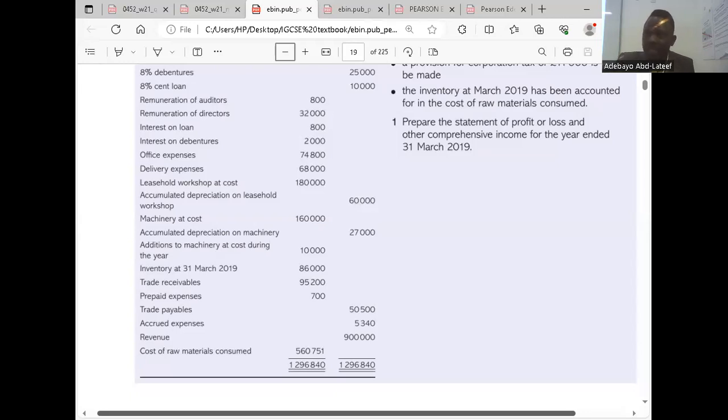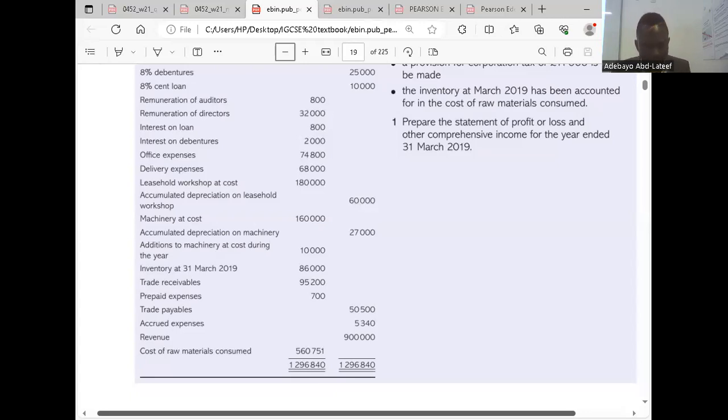It is considered a current asset because it adds value to the business. I think that is clear. So trade receivables and prepaid expenses are not going to be part of the statement of profit or loss. It is part of our other receivables in the statement of financial position. I think that is clear.